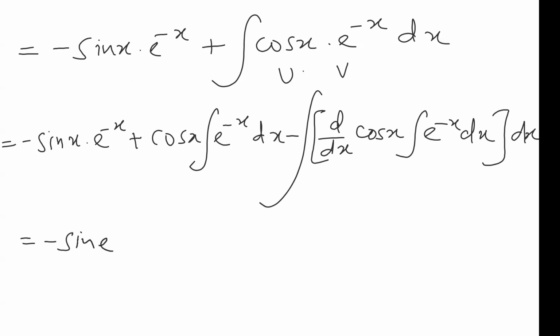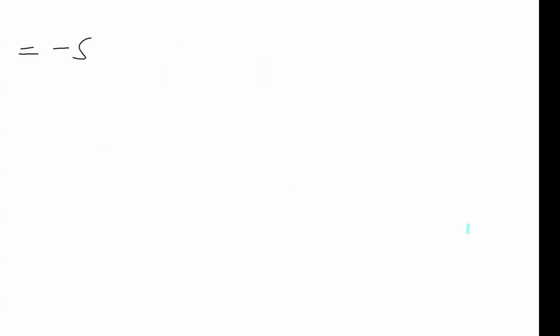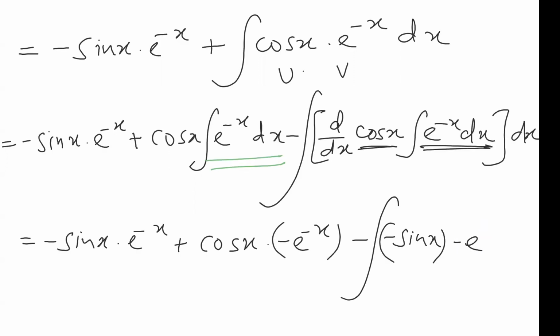minus sin x into e raised to minus x plus cos x. Derivative of e raised to minus x is minus e raised to minus x, minus bigger integration. Derivative of cos x is minus sin x, and integration of e raised to minus x is minus e raised to minus x dx. Okay.